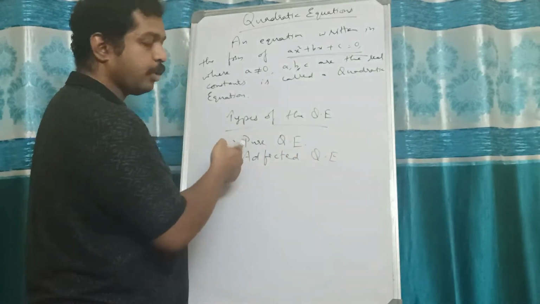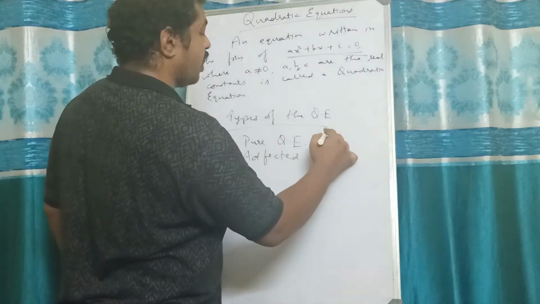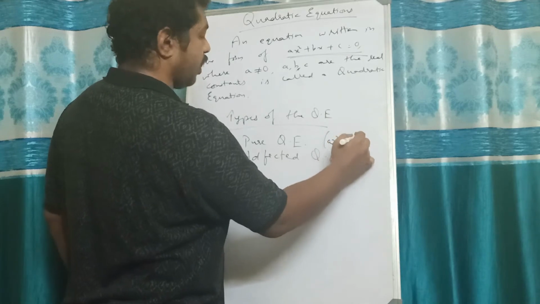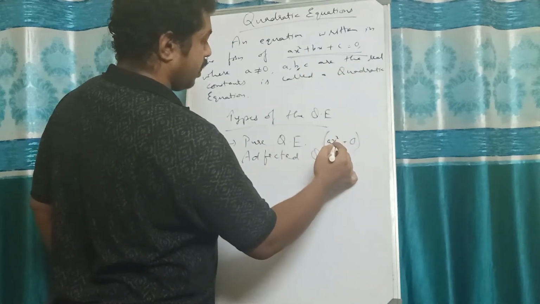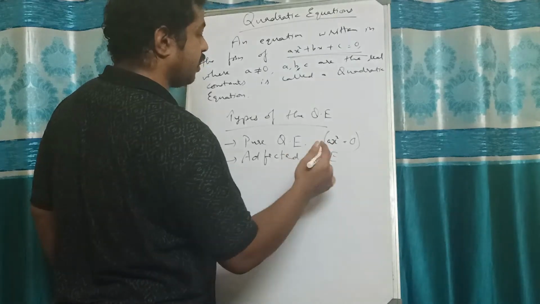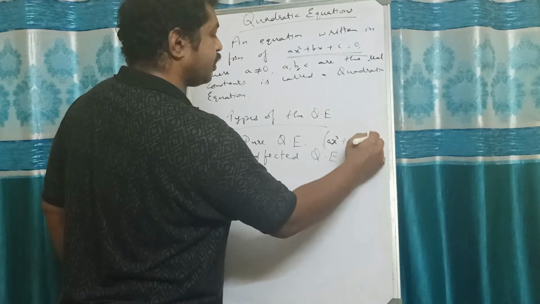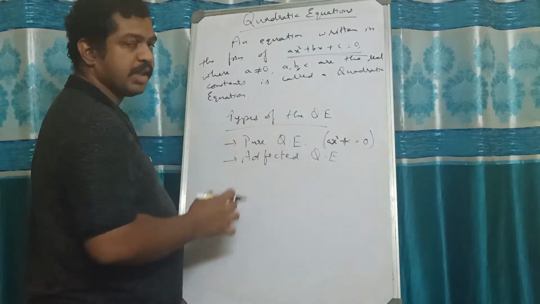A pure quadratic equation is one written in the form ax squared plus c equal to 0, where a should not be equal to 0. The x term will not be there. An equation in this form will be called a pure quadratic equation.